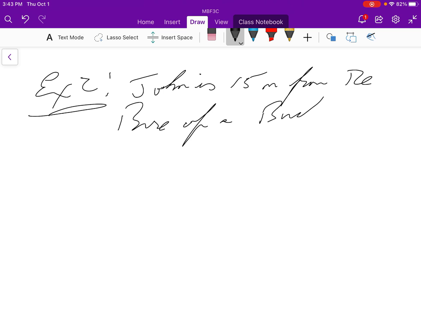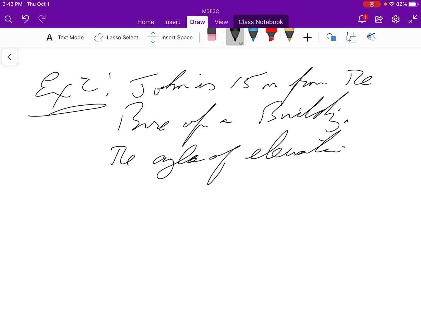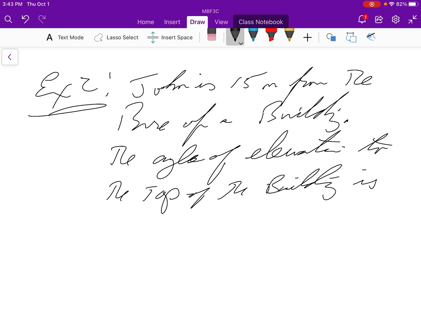We'll just go with a simple building. The angle of elevation to the top of the building is 37 degrees. Okay? What is the height of the building?